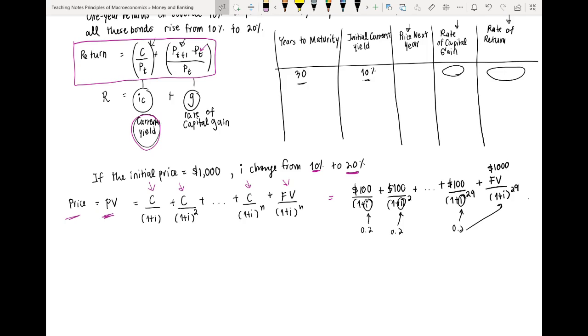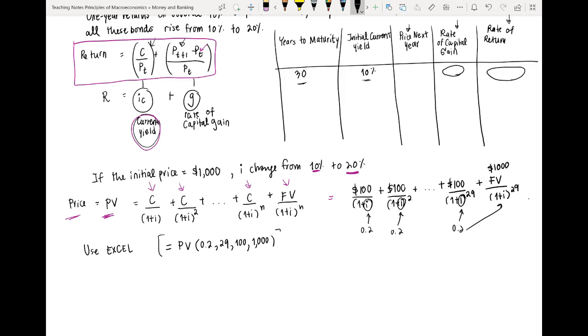How to calculate this? You can use Excel. Type equal sign PV. The first one in parentheses is rate, 0.2. The second one is year to maturity, is 29 years. And then payment per year, coupon payment, $100. Face value is $1,000.